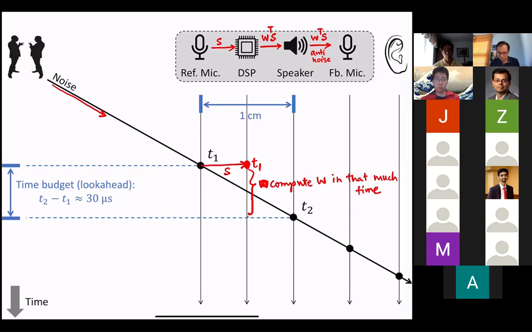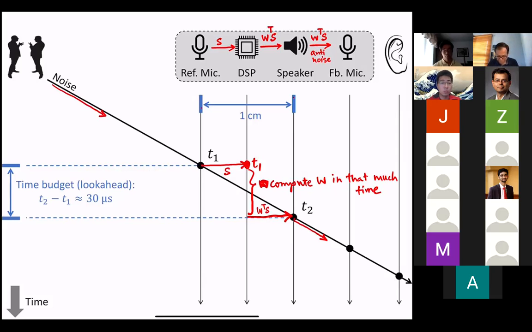And now, once you've computed W, you give it to the anti-noise speaker. This is W^T S. And the anti-noise speaker should play the anti-noise sound exactly at time T2, so that the actual sound going in and the anti-noise speaker sound are going together.